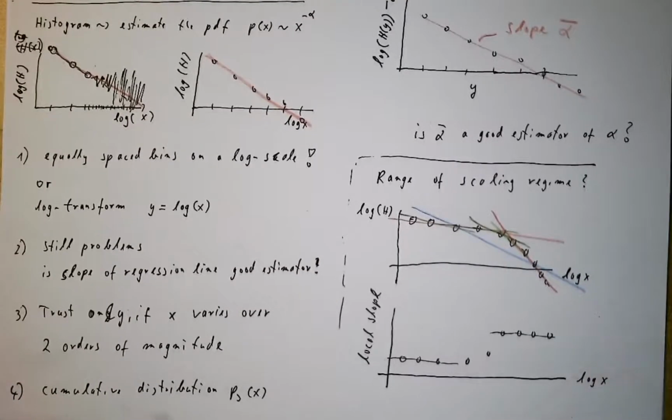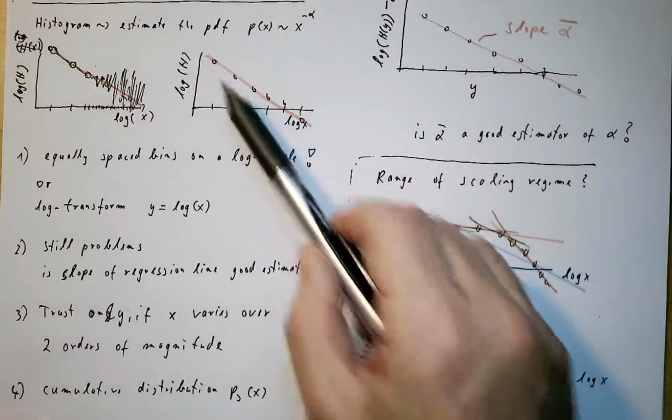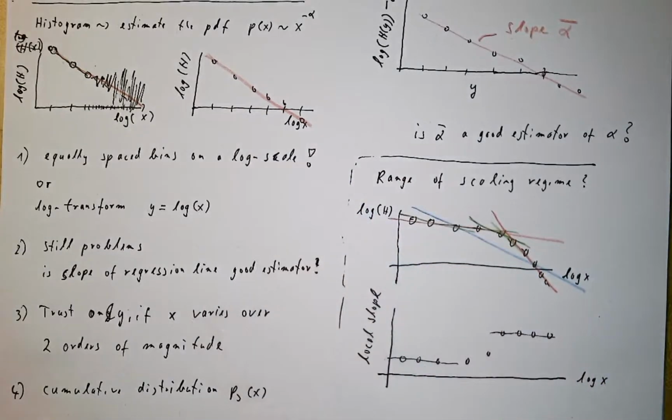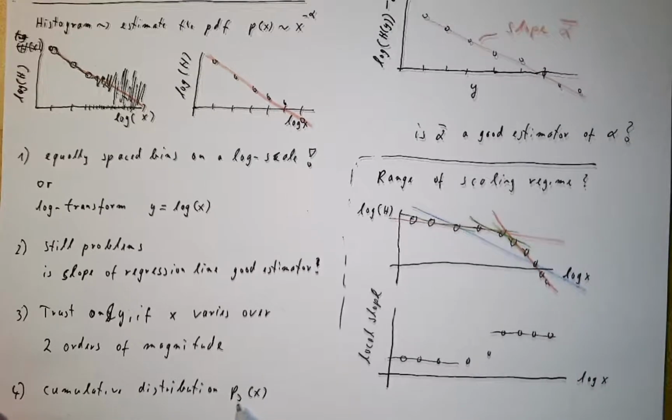So many people recommend that you not only make a log-log plot of your histogram, but you should also calculate the cumulative distribution. And this you could calculate very independently, with the rank plot. We have seen how to do this. You make a rank plot, invert the axis, then you have the cumulative distribution. And now you plot this on a double logarithmic plot.